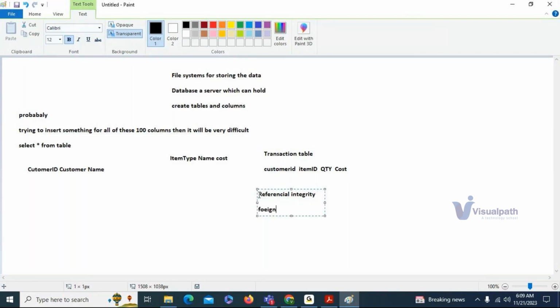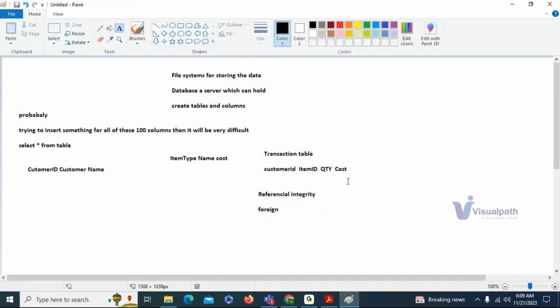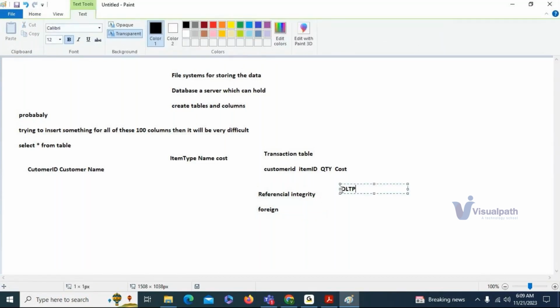Whenever you are going for an OLTP system, it is normalized. Why do we normalize? To avoid redundancy. Because otherwise, if you use only one table, you are going to store customer ID, customer name, item type, item name, and item related information in one table.